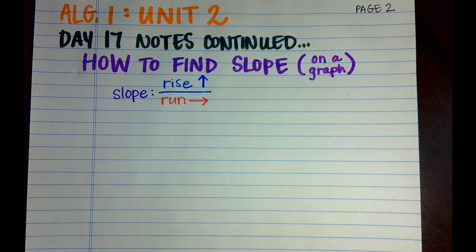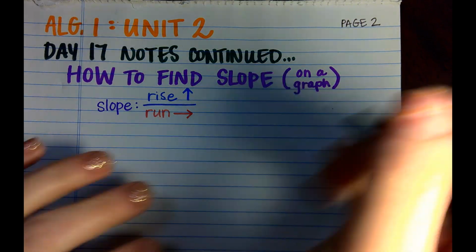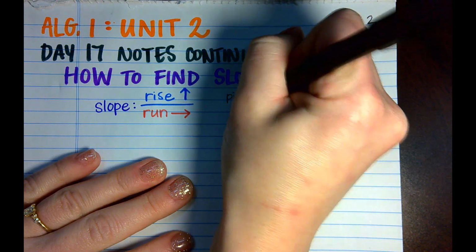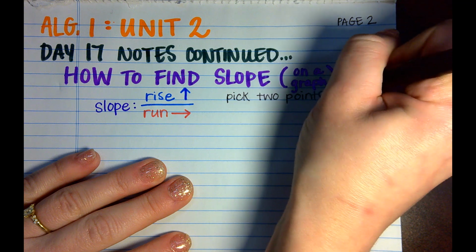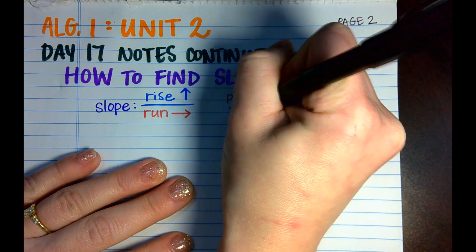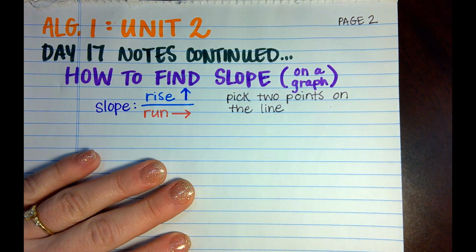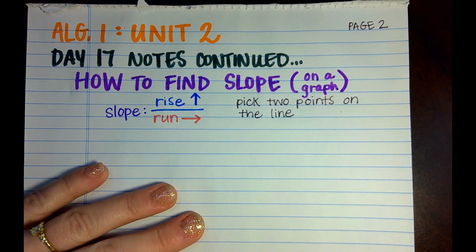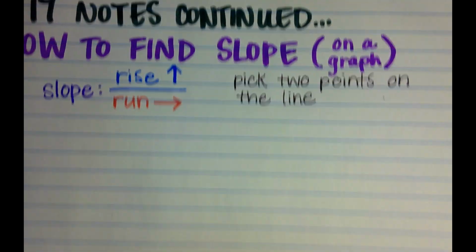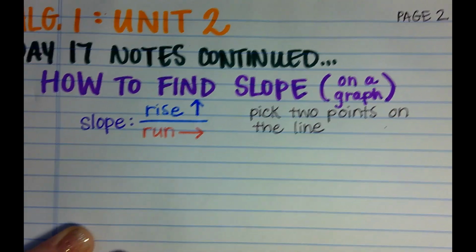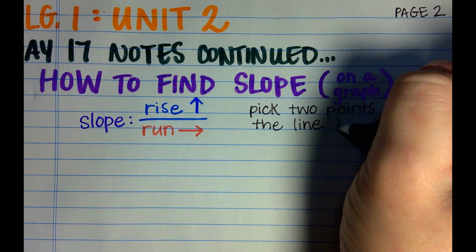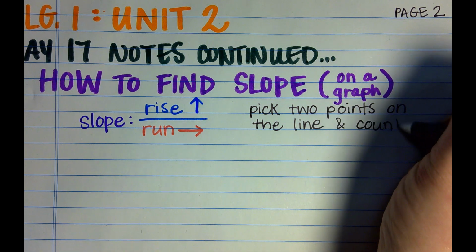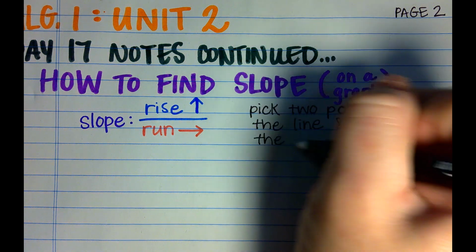So whenever we are finding slope, all we need to do is pick 2 points on the line, and you can pick any 2 points. It does not matter if they are super far away from each other or super close together. You just need to pick 2 even points on the line and count the rise over the run.